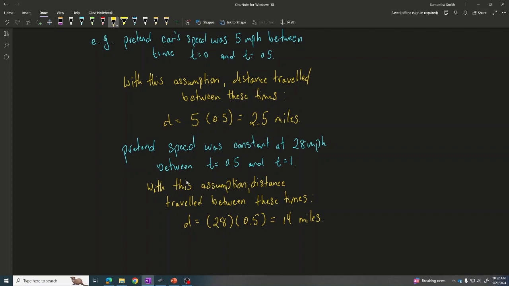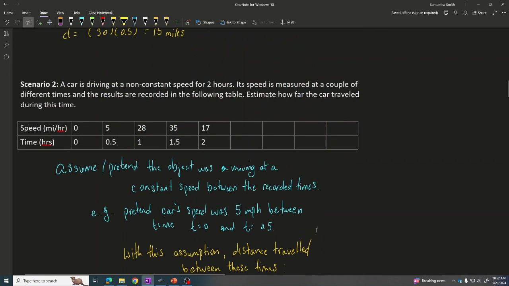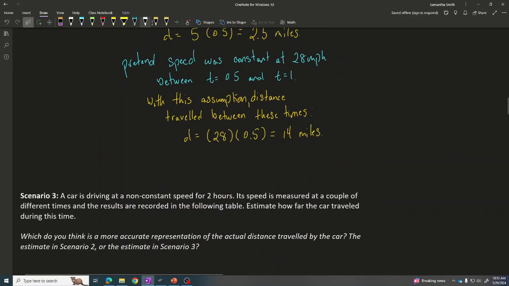And I could keep making this assumption. I could keep making similar assumptions for all of these time intervals. I could, for example, assume that between time 1 and time 1.5, the speed of the car was constant at 35. I could assume that between time 1.5 and 2, the speed of the car was constant at 17.